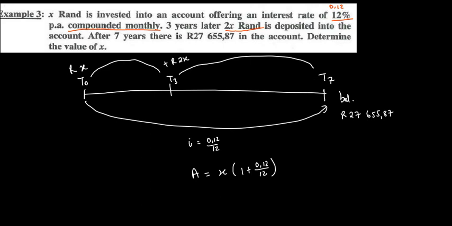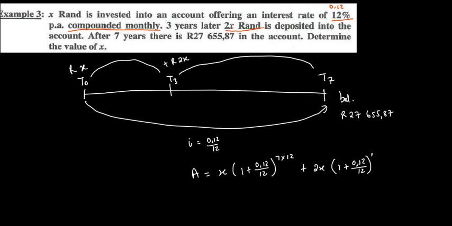So we say 7 multiplied by 12. And then they added 2x rands, so you're going to say plus 2x. And then it's going to grow for the remaining 4 years, so 12 times 4, or 4 times 12.